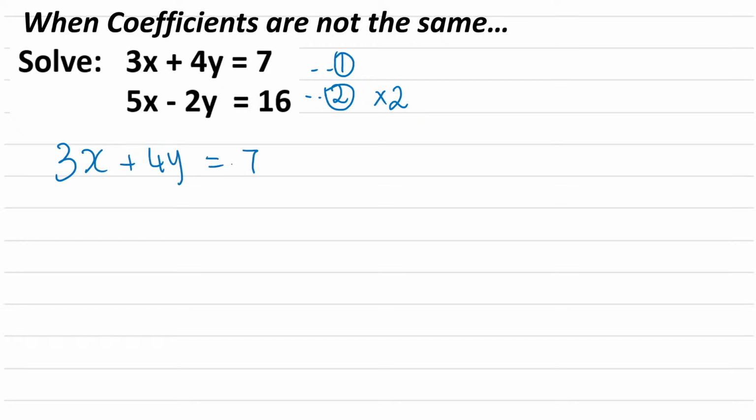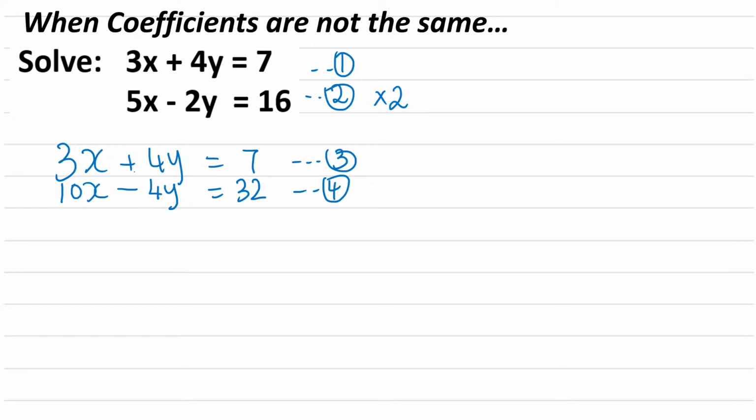That's my original. And I'm going to say 5x times 2, this will give me 10x, and then minus 2y times 2, that will give me minus 4y, equal to 16 times 2 is 32. Okay, so now I can say this is equation 3 and this is equation 4, even though equation 3 is the same as equation 1.